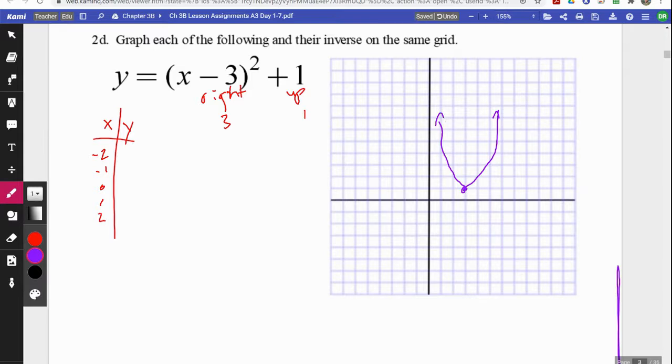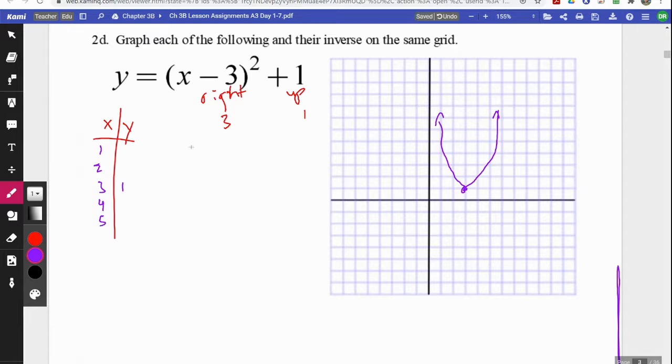So instead of generic points, we'll start with (3, 1), which we know is the vertex. And then we'll do a couple points to the left, a couple points to the right. So (2, 1), (4, 5).